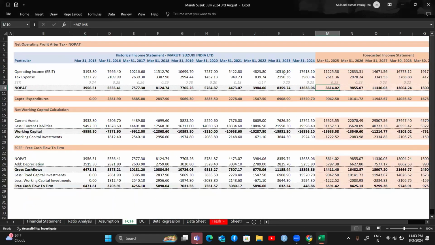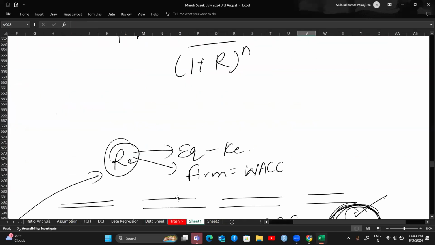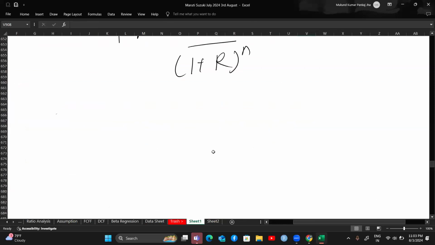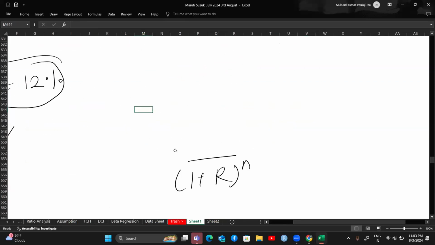FCFF, EBIT, tax expense, current assets. Okay, so dividends are affecting cash, cash is affecting current assets, and based on that, the valuations are also getting affected. Fair enough. Thank you, GA, for highlighting this.